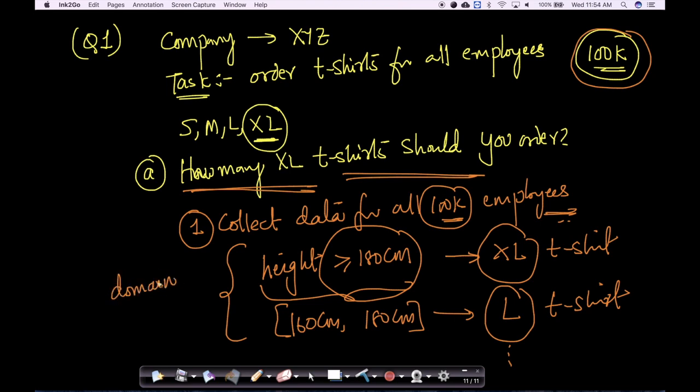Again, this is your domain knowledge that you have obtained from people who have done this before, or just observations about human sizes, about how apparel manufacturers manufacture their t-shirts and stuff like that. Okay, this is domain knowledge. Since collecting data from all the 100K employees is expensive, you would say, let's use this domain knowledge smartly.